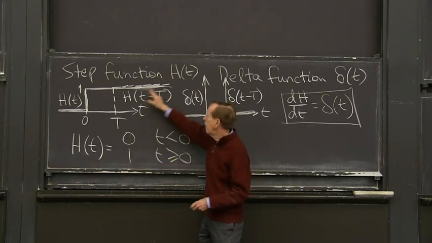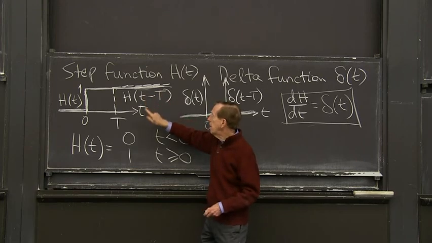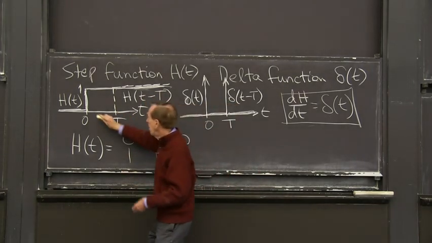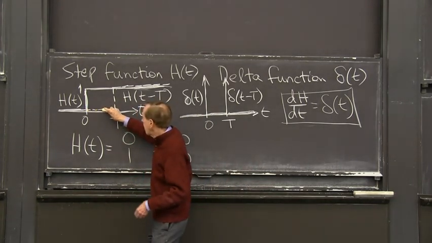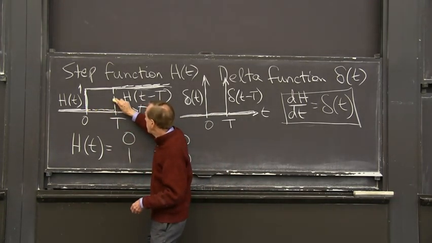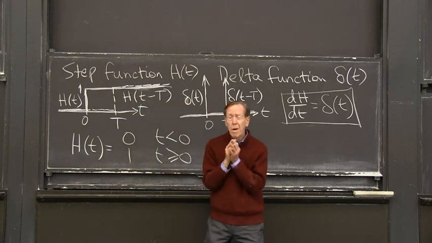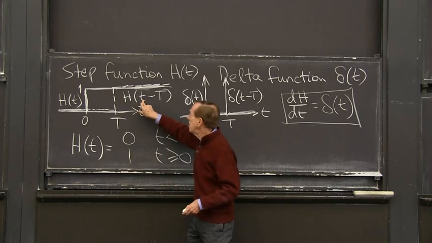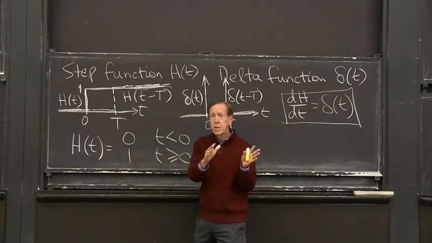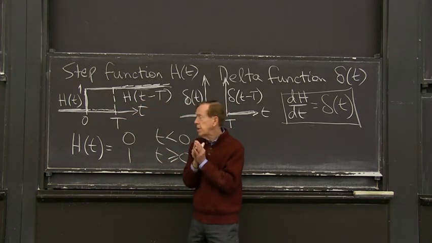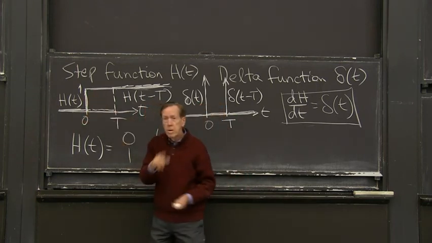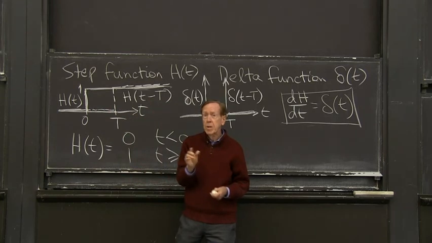Step functions jump when that's 0, and that's 0 at t equal to T. So the jump in dotted line, the shifted step function, will just shift over. That's the complete effect of changing from t to t minus a capital T, is just to shift the whole thing by capital T.